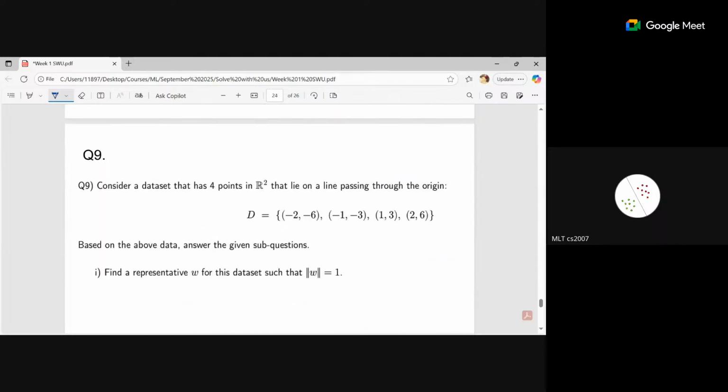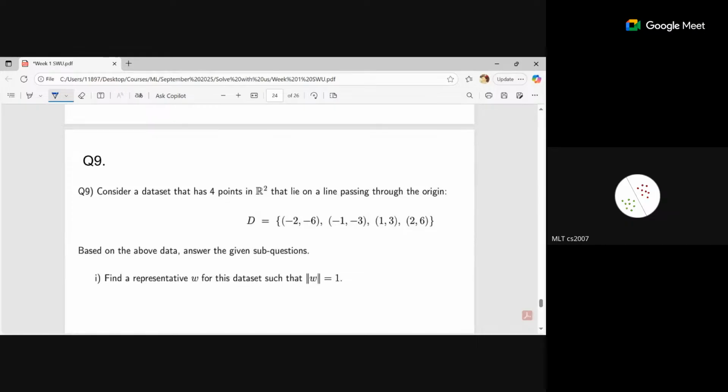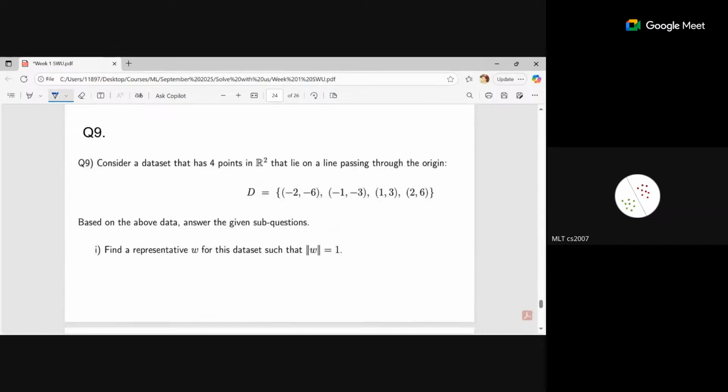So this is a simple question. There can be various answers possible for this. So there are 4 data points in R2, and they lie on a line passing through the origin. So you have x1, x2, x3, x4. x1 is (-2, -6), x2 is (-1, -3), and so on.